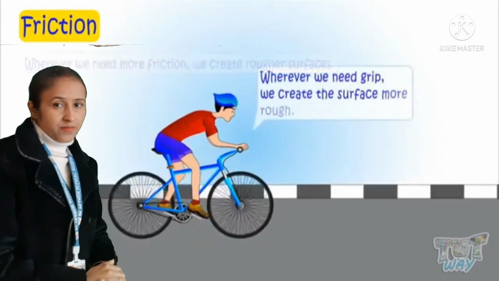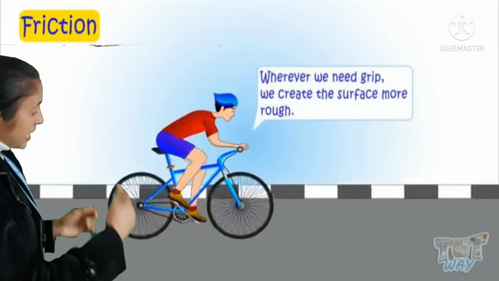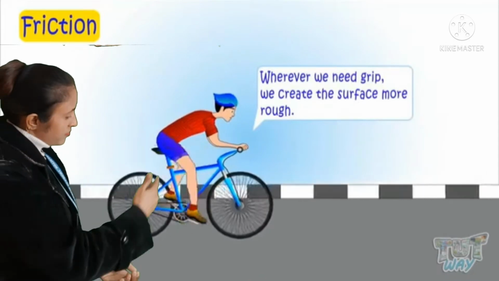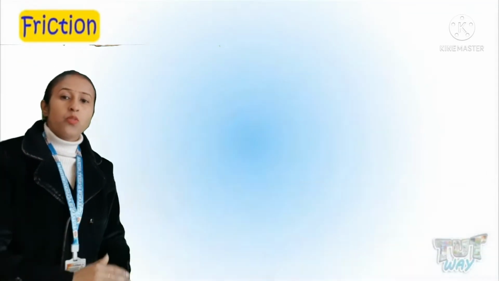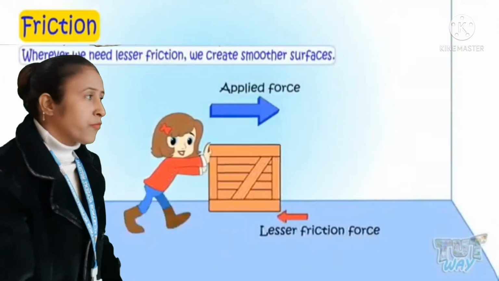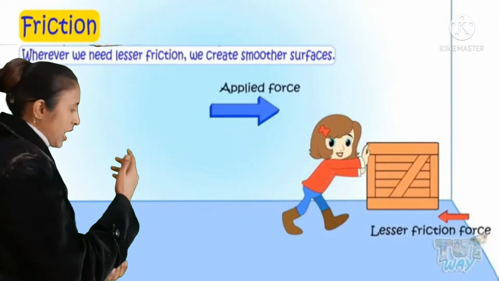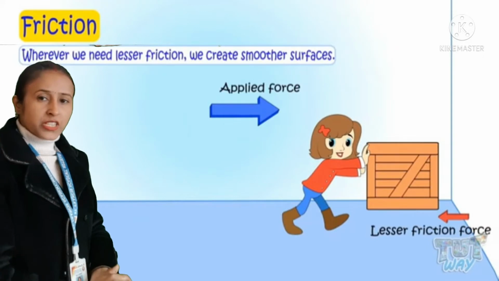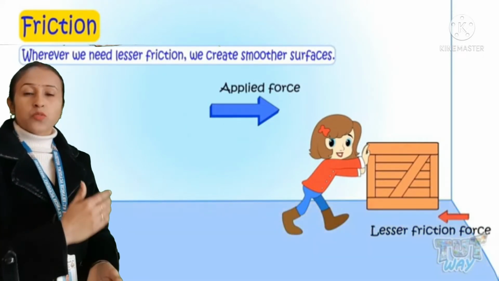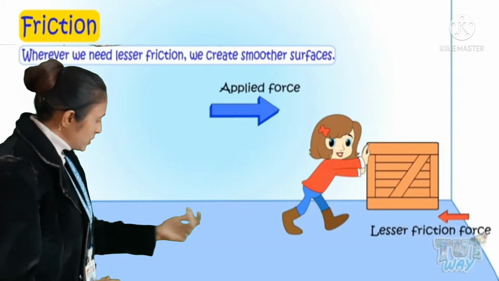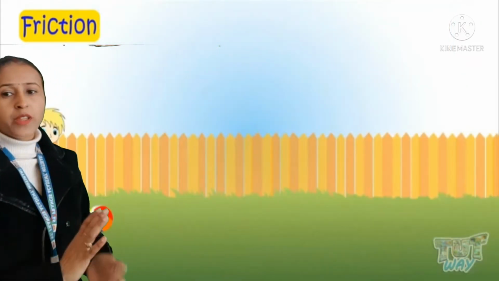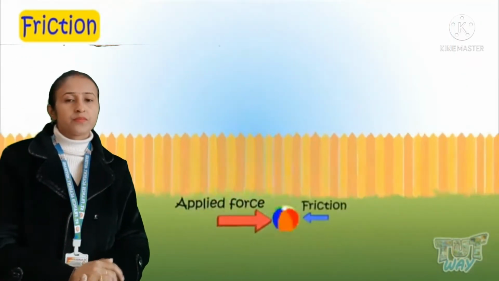But when the friction is less, the rider falls down. So we can say the friction is in the opposite direction, and when the friction is less, we also slip. It acts in the opposite direction of the movement of any object. Got it?